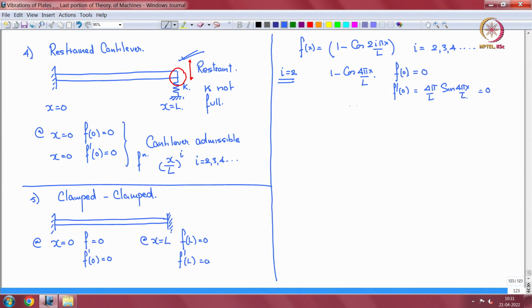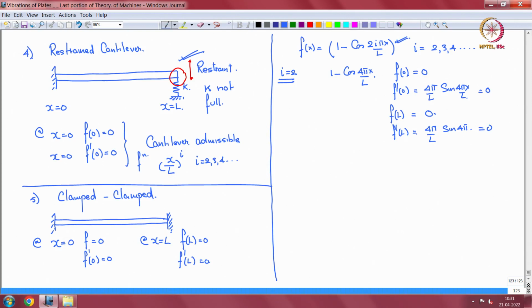Similarly f at L is 0, and f dash at L is again 4 pi by L sine 4 pi, which is 0. So these are a set of admissible functions.